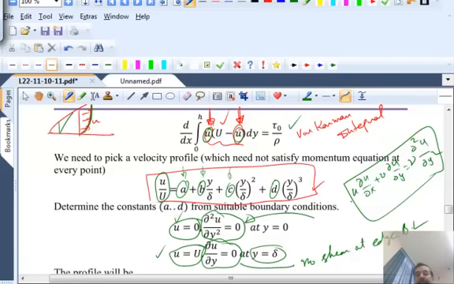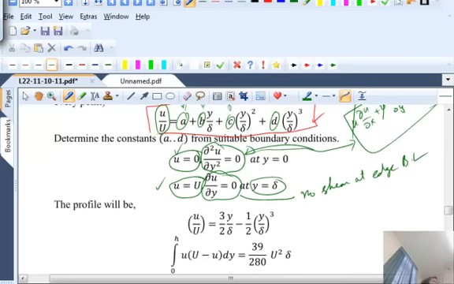At the plate u is 0. At the plate v is 0. So the d squared u dy squared must also be 0 at the plate. Du dy is not 0. There is a shear stress. But the second derivative is equal to 0. And that's what we are saying here. So we are applying the boundary condition from the equation itself by applying it at the wall.